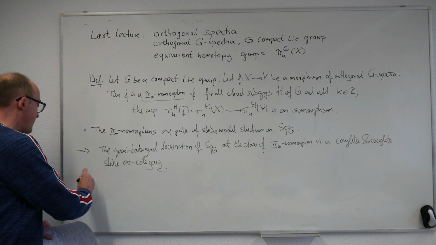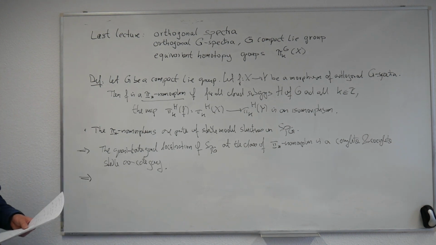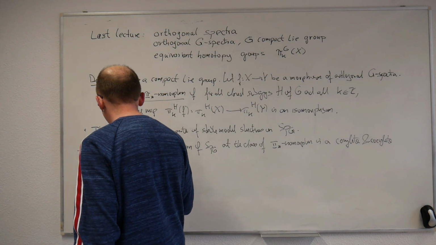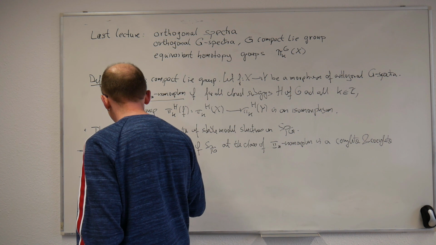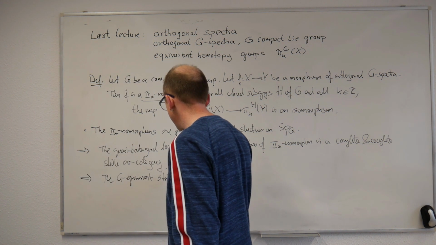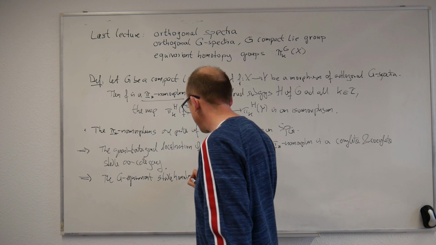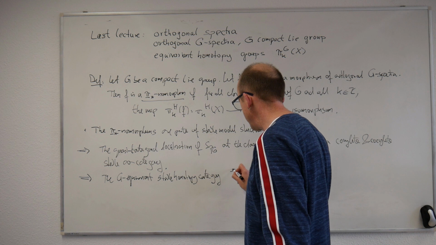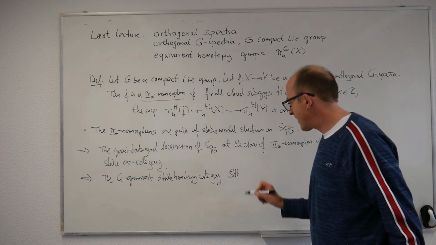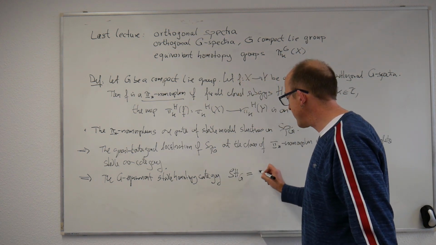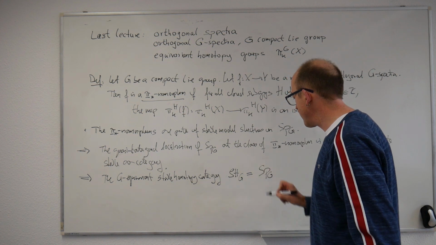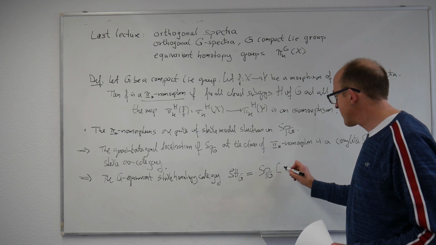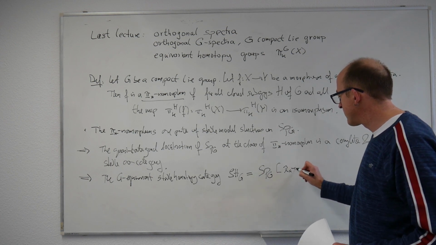So another consequence of this, either of the stable model structure or of the stable infinity category, is that the homotopy category, the G-equivariant stable homotopy category, so here, let me introduce a notation. I write SH sub G for this, and this is by definition the localization, but now in the one-category theoretical sense, of the category of orthogonal spectra at the class of pi star isomorphisms.